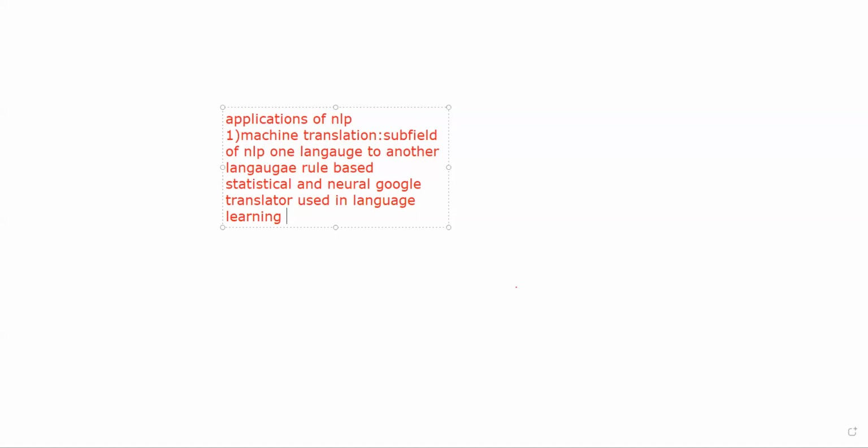It is useful in automotive manuals, government policy documents, and stock market news.